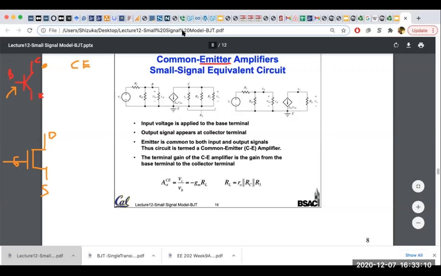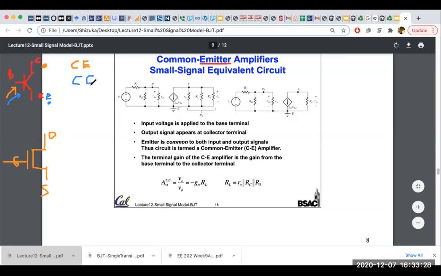If we are applying a signal at the base, and now you are getting a signal at the emitter, what is this called? Common collector. Super. Common collector.